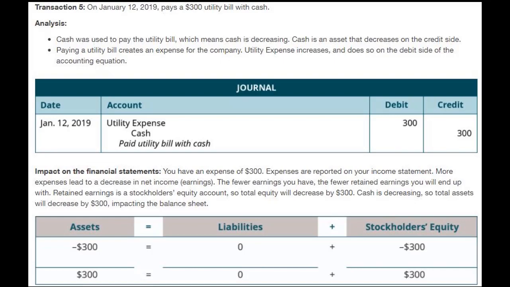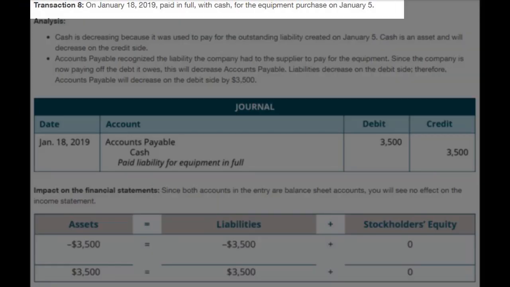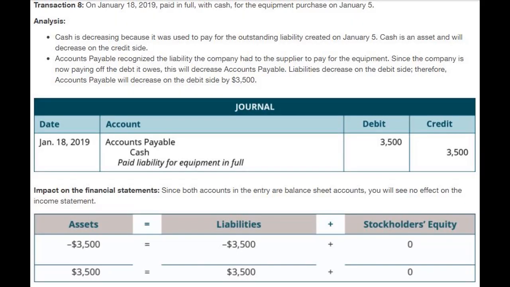Okay, let's try another one. Let's go down to transaction number 8. On January 18th, 2019, we spend cash to purchase equipment. Now, apparently, we already got the equipment.